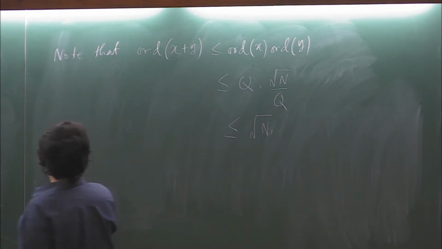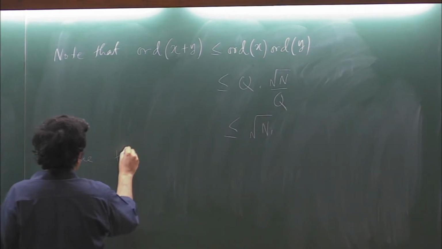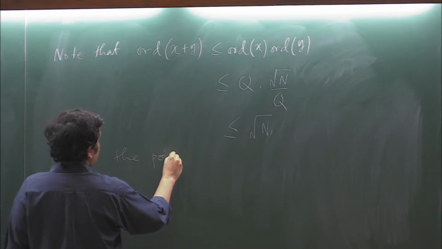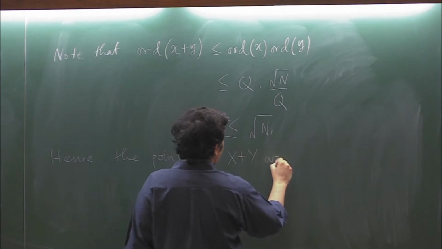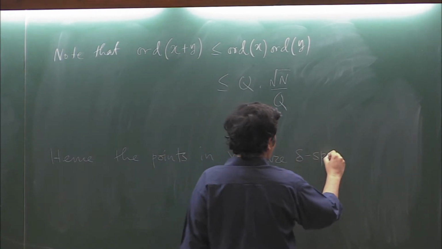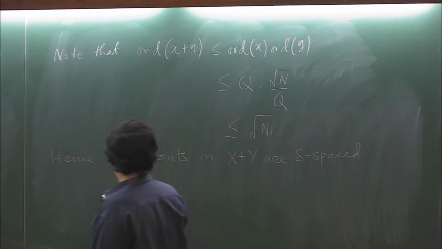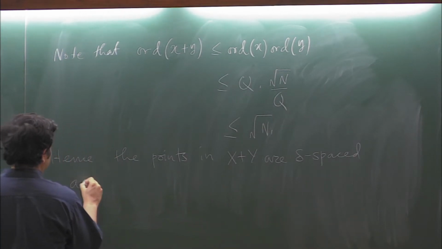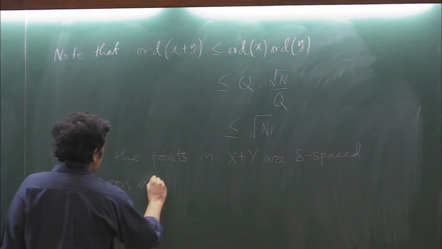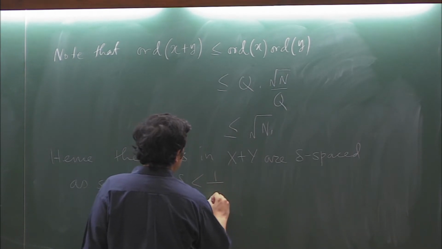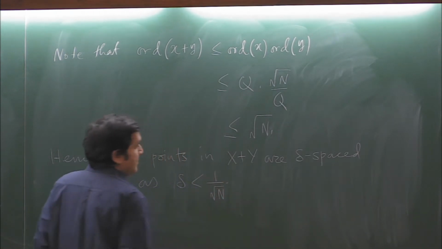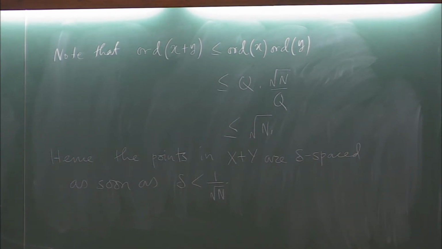So hence, the points in x plus y are delta spaced as soon as delta is smaller than 1 by root n, right?